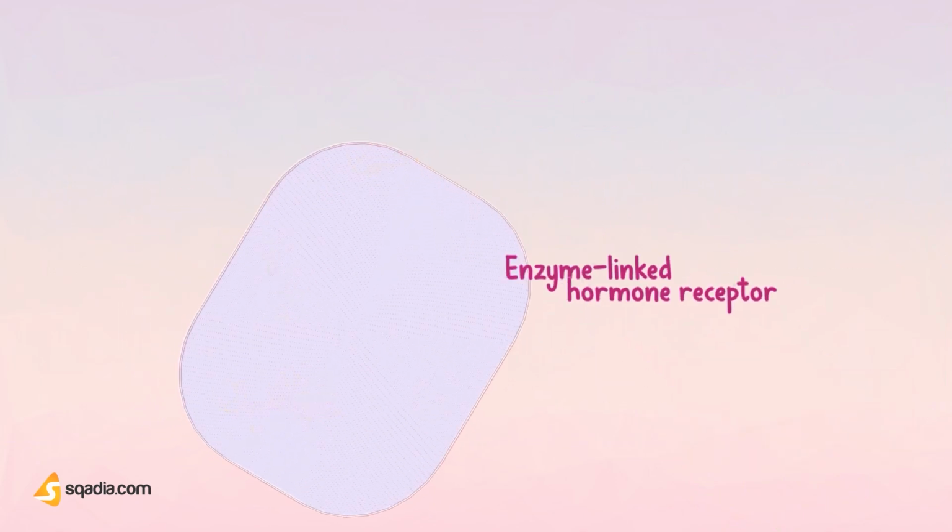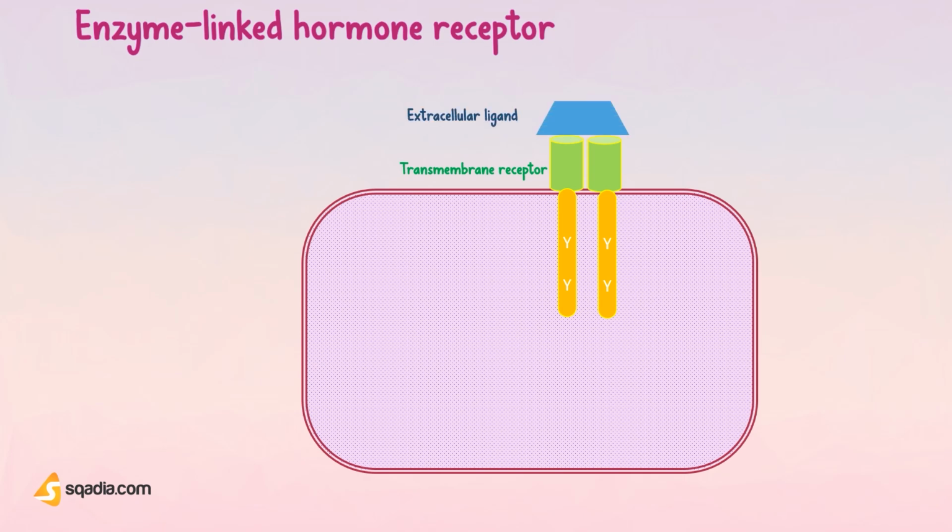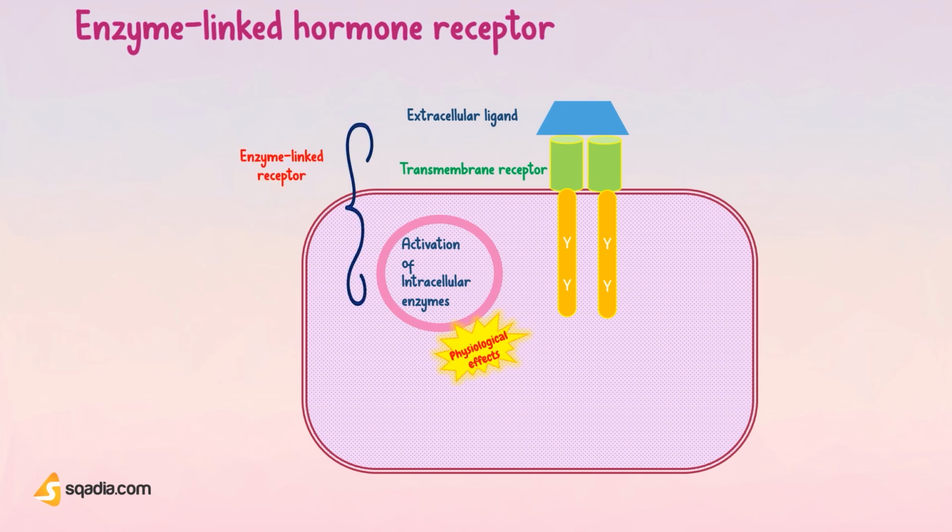Moving forward, the third way of hormonal signaling is enzyme-linked hormone receptors. Some hormones use the enzyme-linked receptor tyrosine kinases for cell signaling. This is a transmembrane receptor, where the binding of an extracellular ligand causes enzymatic activity on the intracellular side. Activation of intracellular enzymes results in physiological effects.